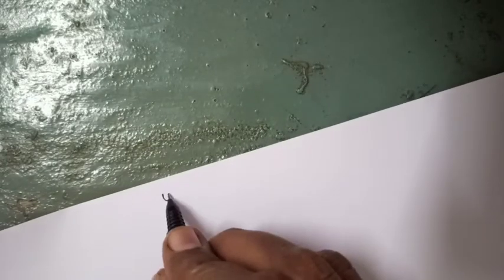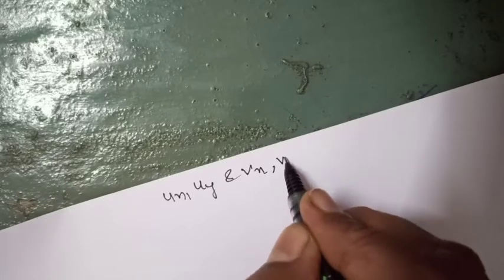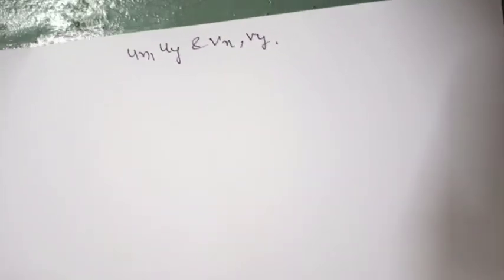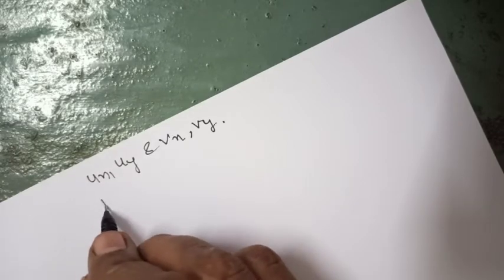If it is analytic, then the CR equations hold and the partial derivatives ux, uy, vx, vy exist. Now we discuss examples on this theorem.